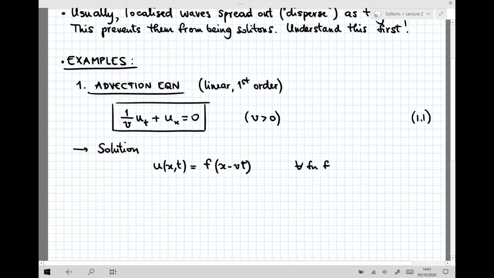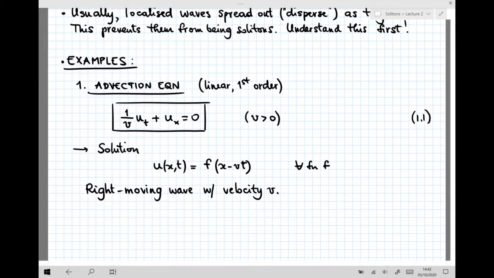And in particular, the fact that the solution only depends through the combination x minus v times t tells us that this solution describes a right-moving wave with the profile f and speed, or rather velocity, v, and fixed profile f. And so this wave is right moving because we assume that v, the velocity parameter, is positive. If v were negative, then the wave would be left moving.